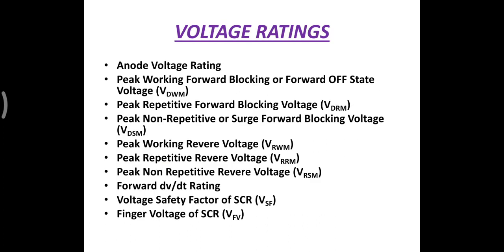Let us see what the different types of voltage ratings specified for an SCR are. First, anode voltage rating. Second, peak working forward blocking or forward offset voltage. Next, peak repetitive forward blocking voltage. Next, peak non-repetitive or surge forward blocking voltage.